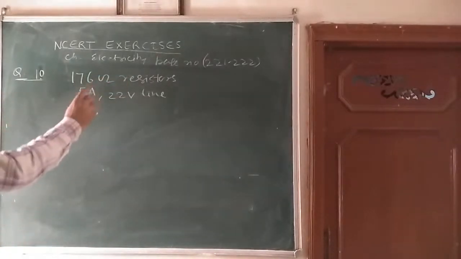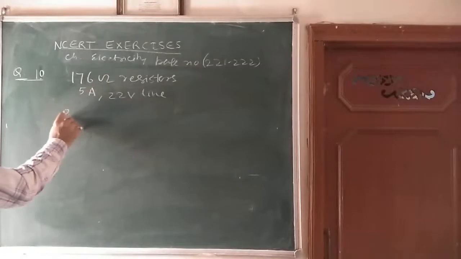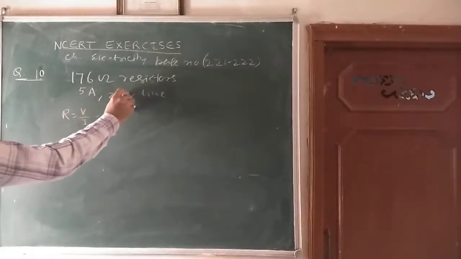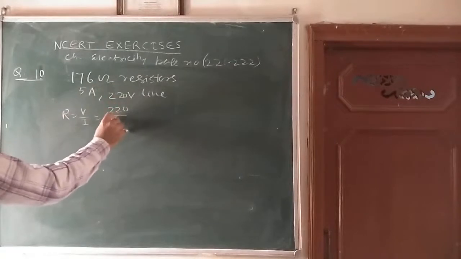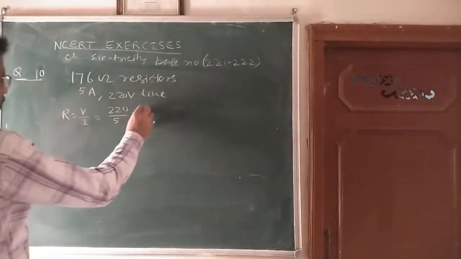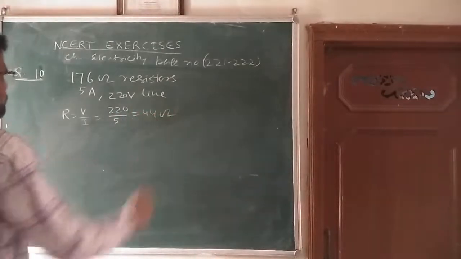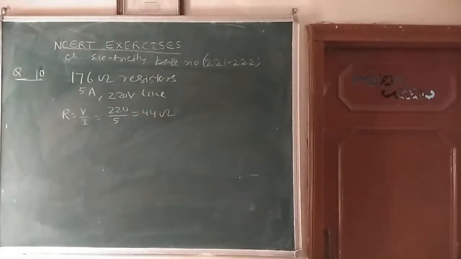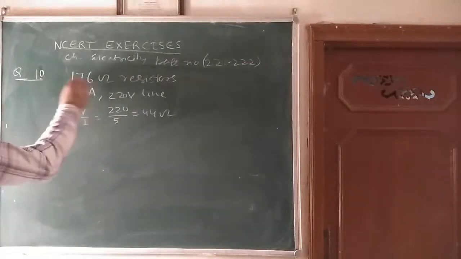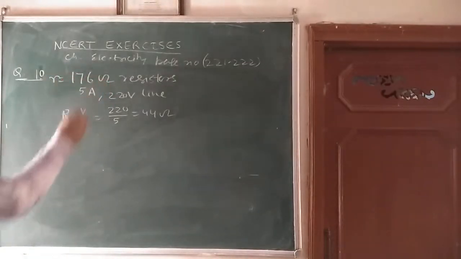The resistance required for the circuit, that is R is equal to V upon I. V is 220 volt divided by 5. So you will get here 44 ohm first. Now, resistance of each resistor which is given to you is 176 ohm, small r.